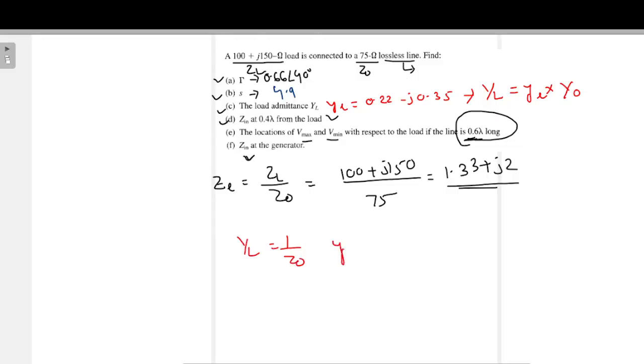Okay, so finally we can find YL, that is equal to 0.22 minus j0.35 into 1 by Z0. Why 1 by Z0? Because of this relation between admittance and impedance. So this Z0 is how much? It is given as 75. So let me just calculate this value.